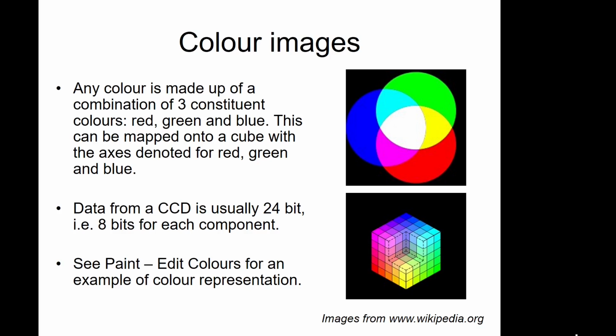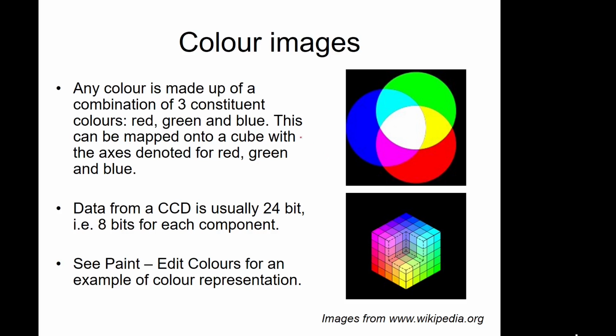Now typically an image will be a color image. So when you take a picture, it's usually 24-bit, and that 24-bit represents a red, green and blue component. So your red is represented by 8 bits. So you've got 0 to 255 in the color range of red, similarly in green and similarly in blue.